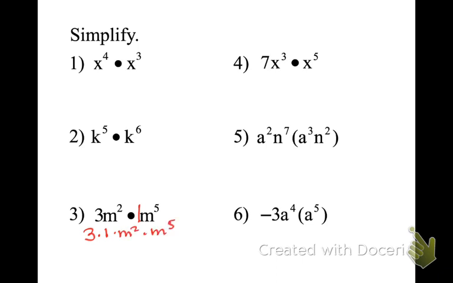So 3 times 1 is 3, but remember the rule for exponents is we add, so it becomes 3m to the 7th. Questions? I don't want anybody moving ahead right now. Okay, now I want you guys to do 1 through 6. Pause the recording, and we're working on 1 through 6.